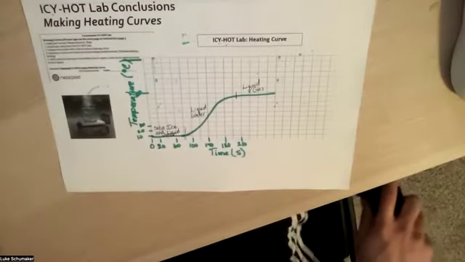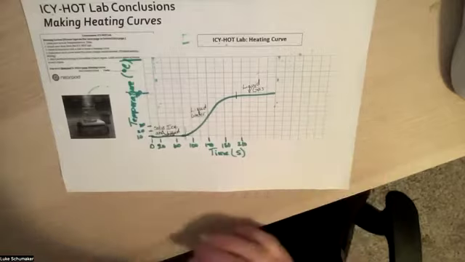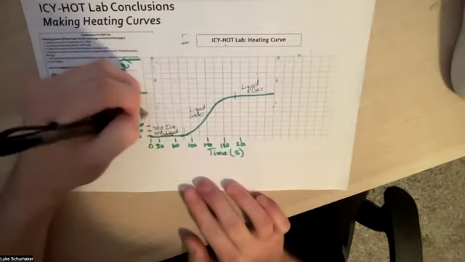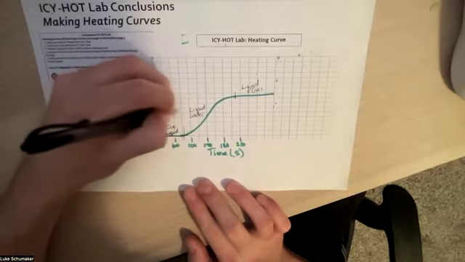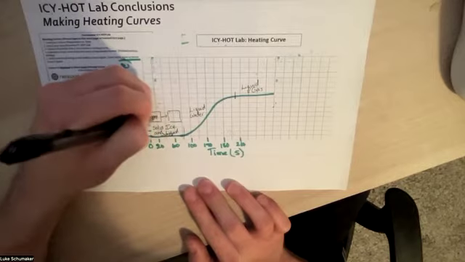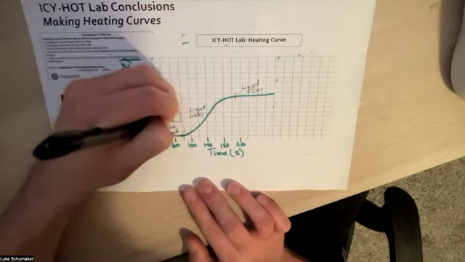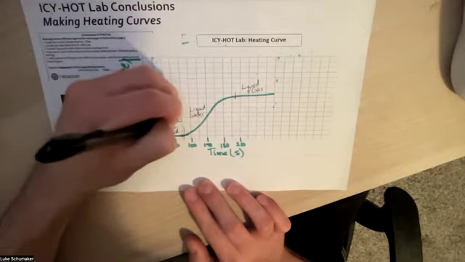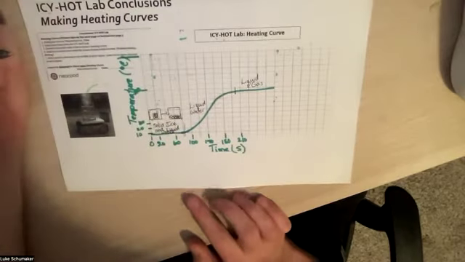Now what we also need is some particle drawings on here. Here we want to show some solid going to liquid, so we'll draw two particle drawings. Solid particles are vibrating in place and they have a rigid structure. Liquid particles are free to slip and slide past each other and they are taking the shape of the container.